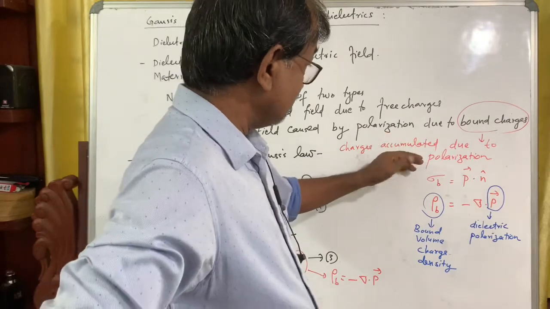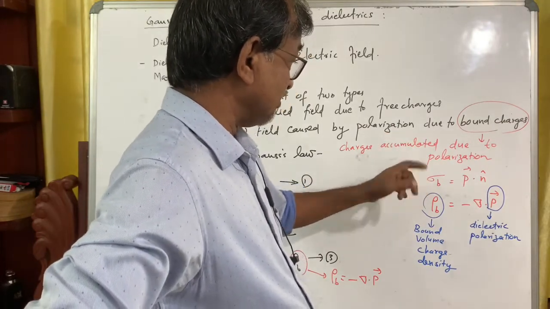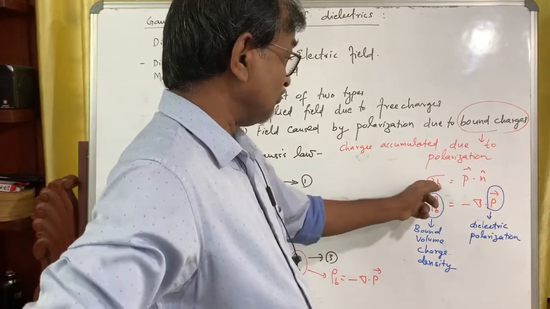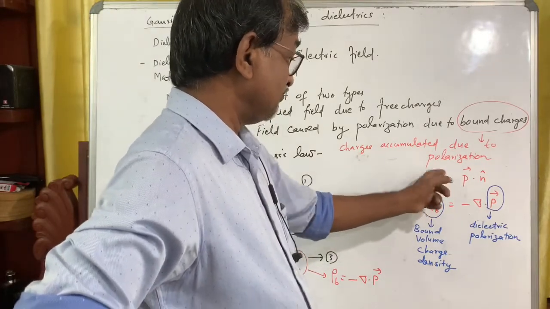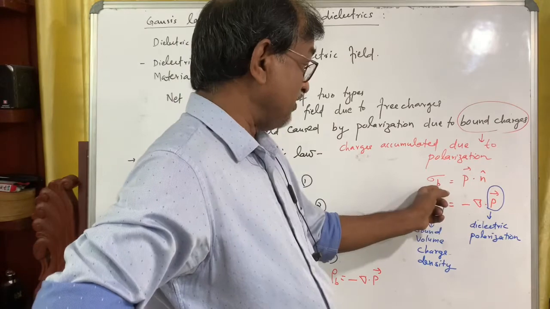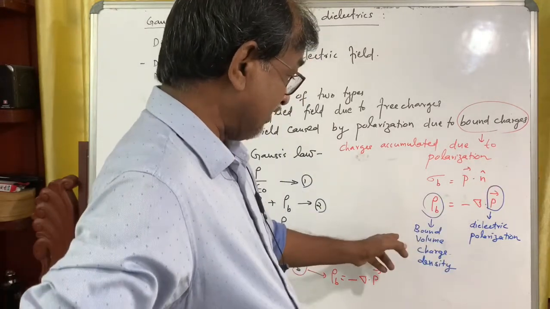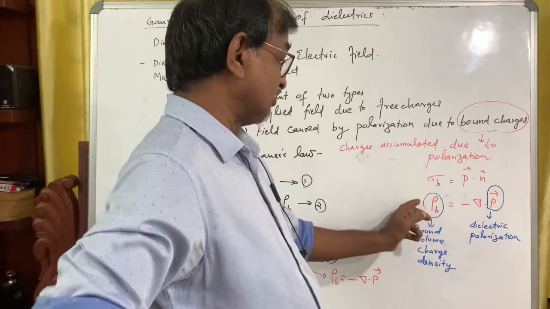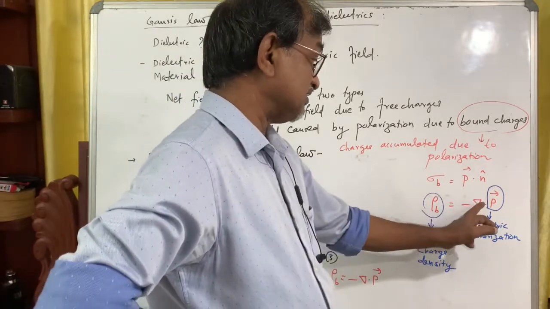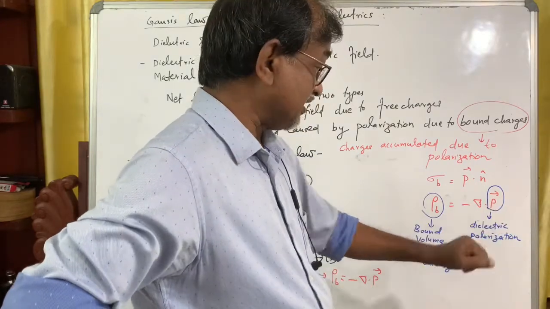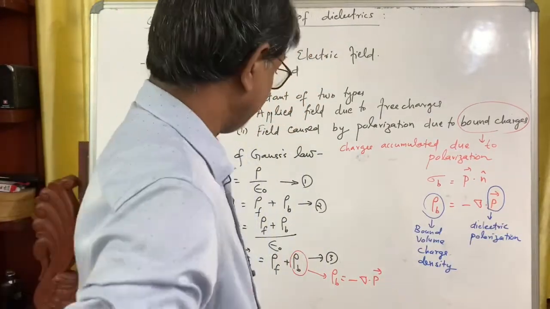Considering this bound charge, we can define the surface bound charge density sigma b equal to P dot n, and the bound volume charge density rho b equal to minus del dot P, where this capital P is the dielectric polarization vector.